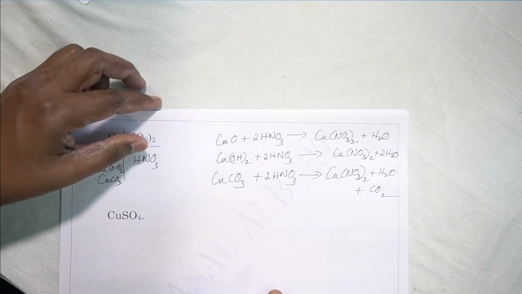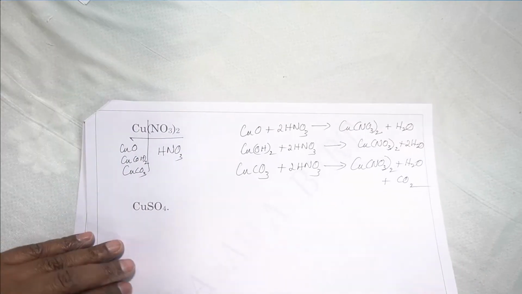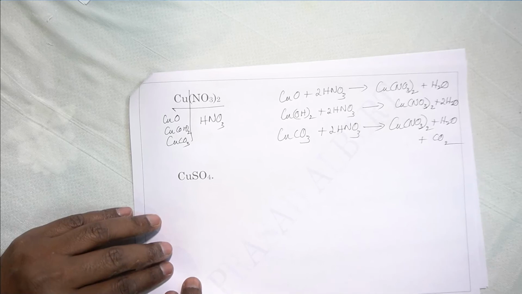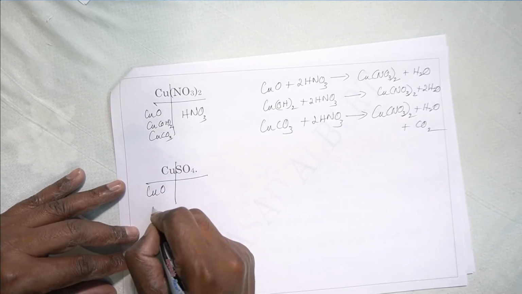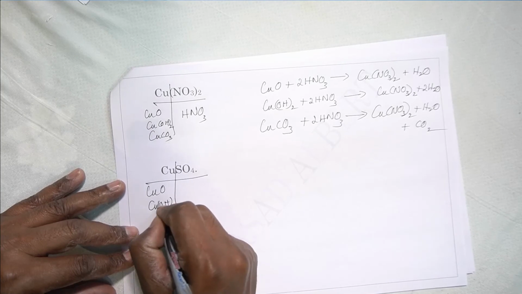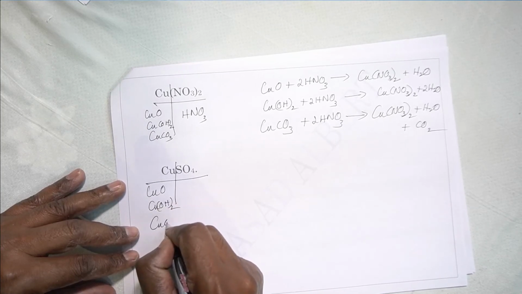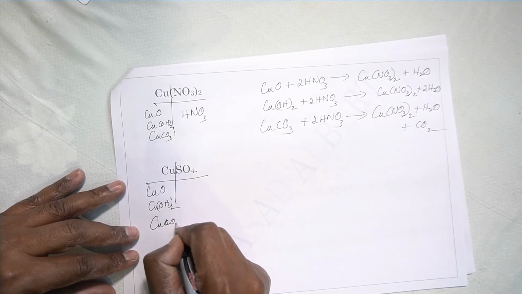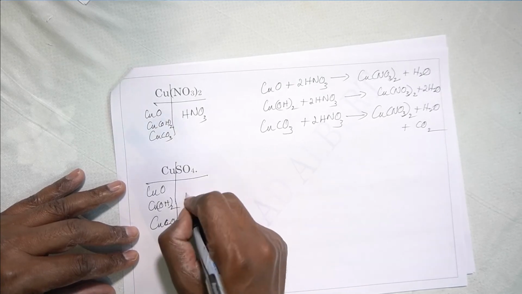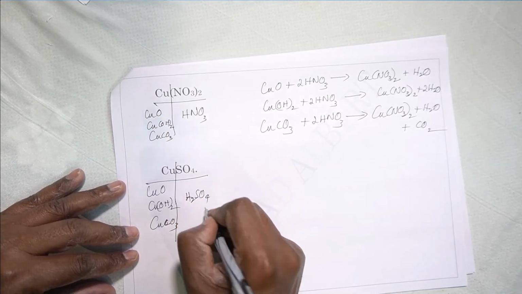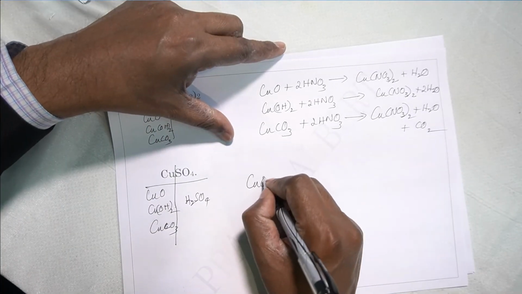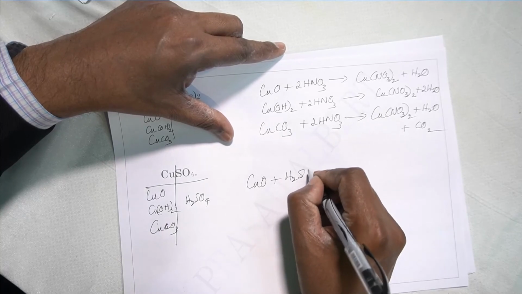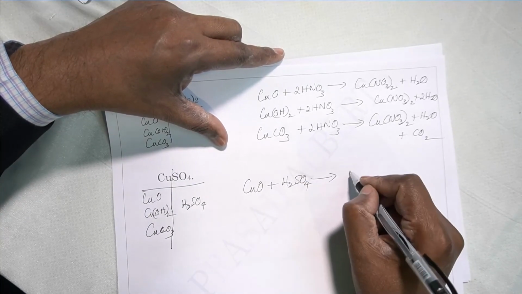Now we have the last salt here, that is copper sulfate. Copper sulfate, as you know, CuO is available, Cu(OH)2 is available, CuCO3, copper carbonate is available, and sulfuric acid is used, right, for sulfate. So let's write 3 equations. CuO plus H2SO4. What you get?